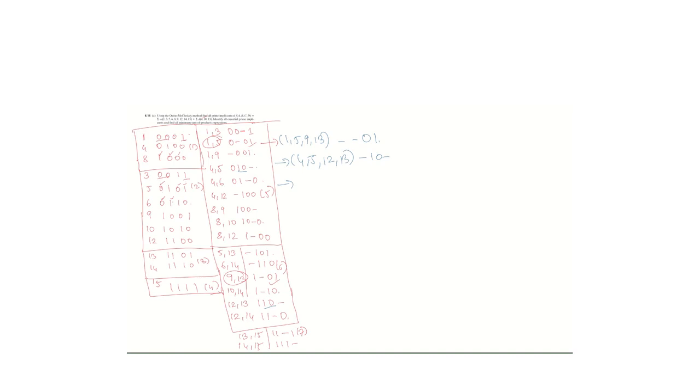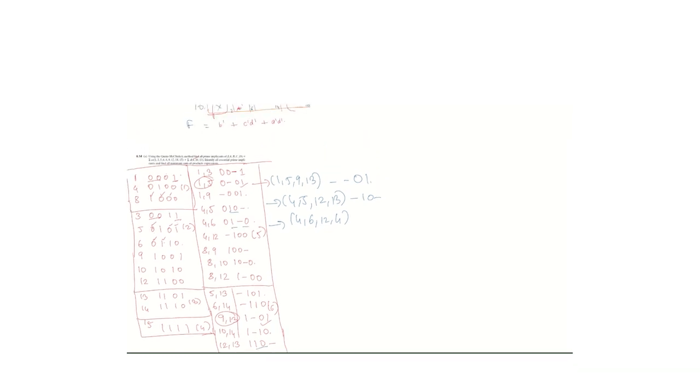Next would be 4 6 and 12 14, since 4 6 and this is common between 4 6, so this will become one pair.